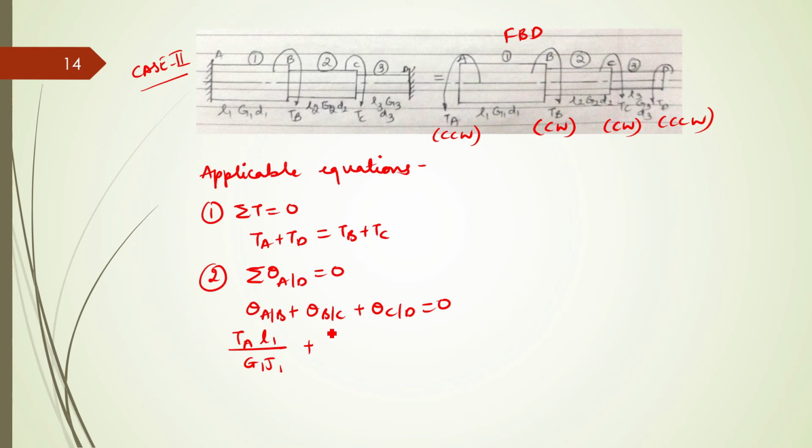So I take this as (TA minus TB) into L2 upon G2 J2. And for the third portion CD, let me stand at junction D so I can see the effect of TD over here. So this is TD L3 upon G3 J3 is equal to 0. You can write these torques again in any other fashion that you please to.